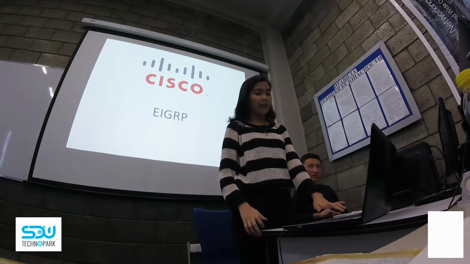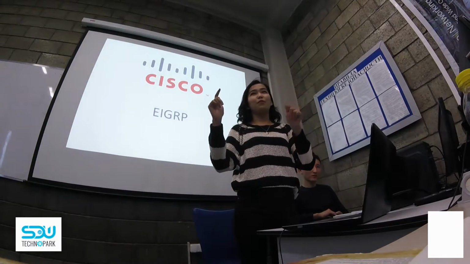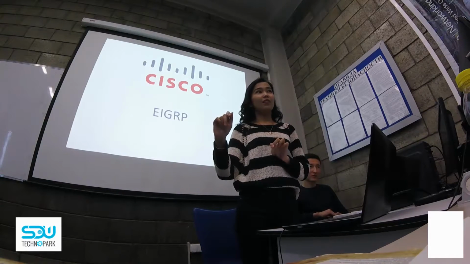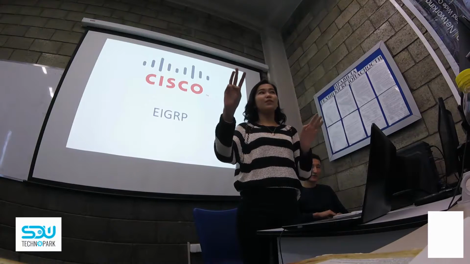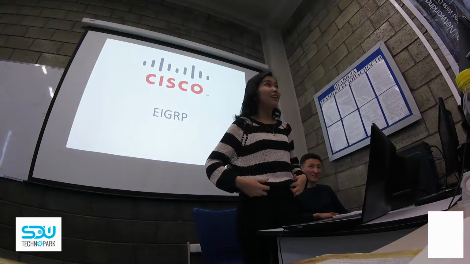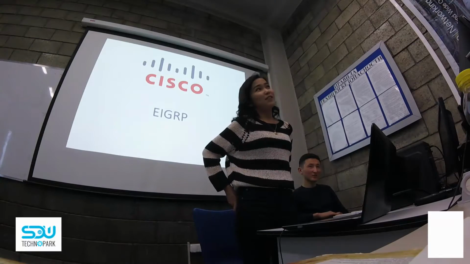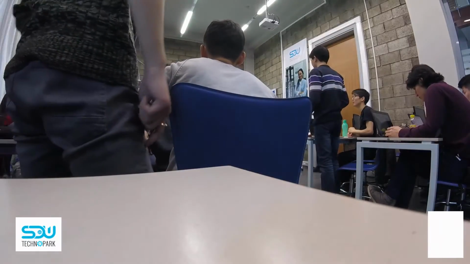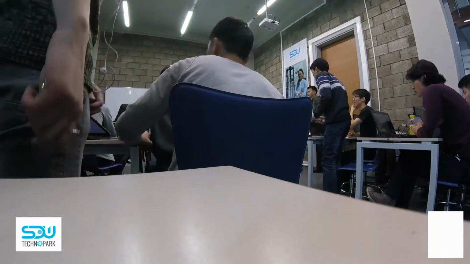Okay, then let's play a game. Can you divide into groups of 6 people? Not six, just three. Three groups with 6 people. No, we need only three groups. It doesn't matter. Just divide.